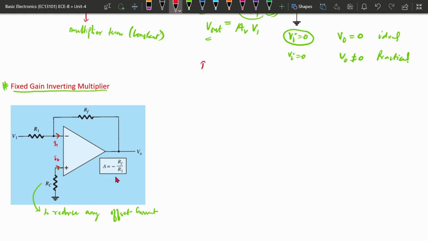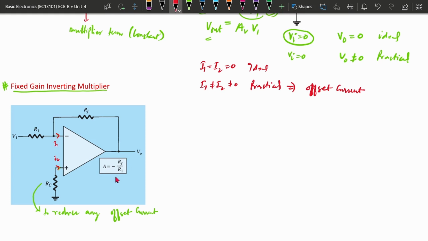This is the ideal case. But in practice, when I1 is not equal to I2 is not equal to 0, there exists an offset current. Offset current means the current should be 0 but is not 0, so there will be some offset current.